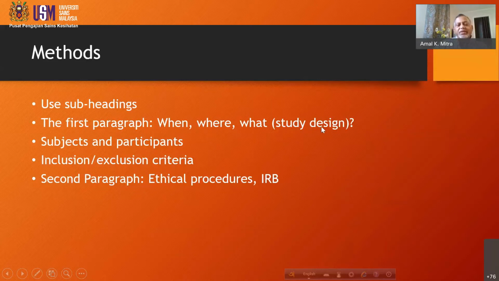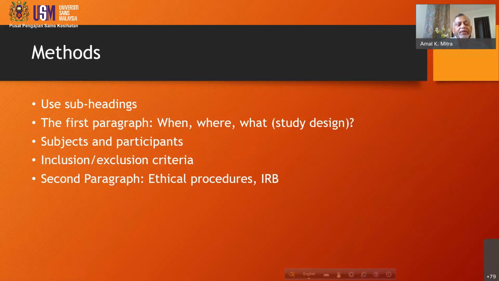In some cases, you may have to tell how you do sampling. If you applied random sampling or a randomized control trial, how did you do randomization? All these things come in the first paragraph or first and second paragraph.